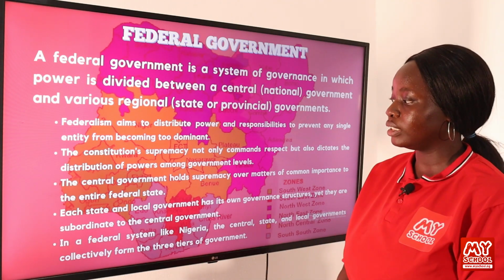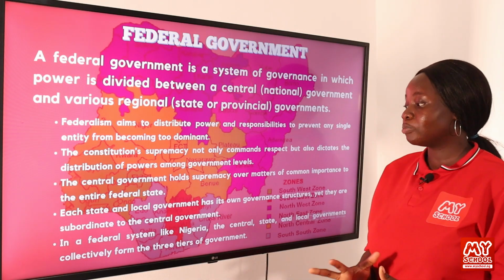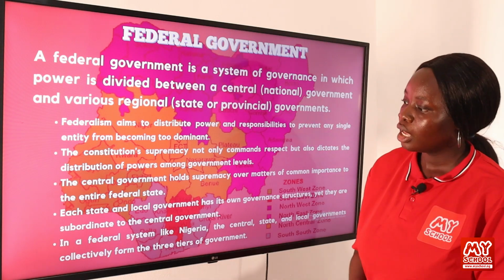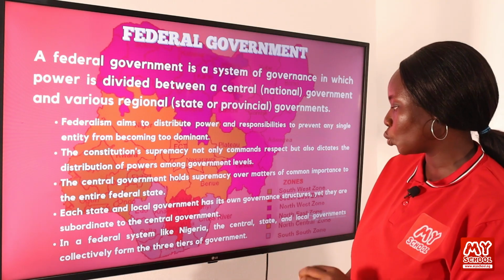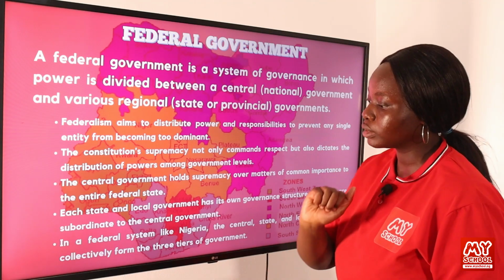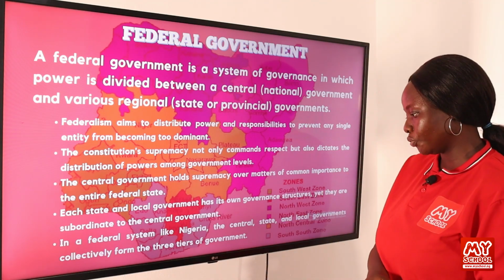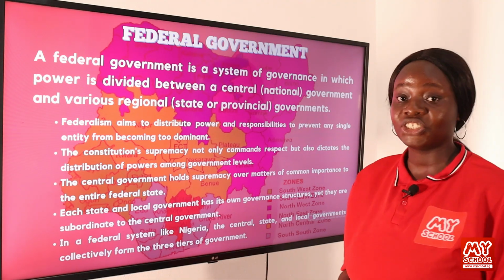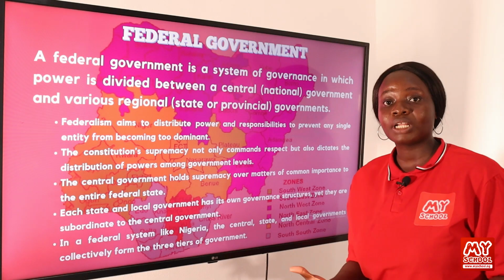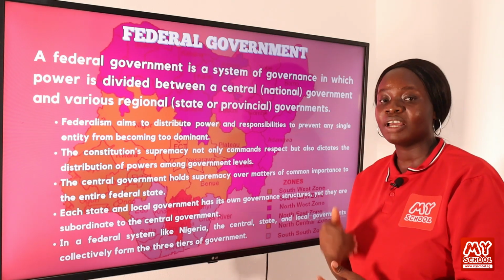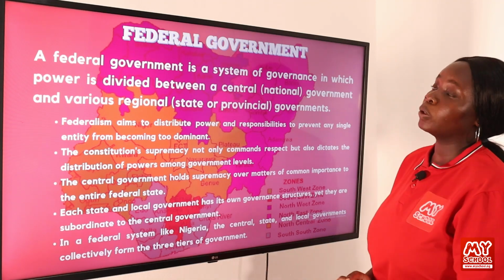So that's what the federal government does. It administers over matters of common importance to the entire state. But each state and local government has its own governance structure, yet they are subordinate to the central government. In a federal system like Nigeria, the central, state, and local governments collectively form the three tiers of government. So when we are talking about the tiers of government, we are talking about the federal, the state, and the local levels of government. Now let's move on to the next slide.